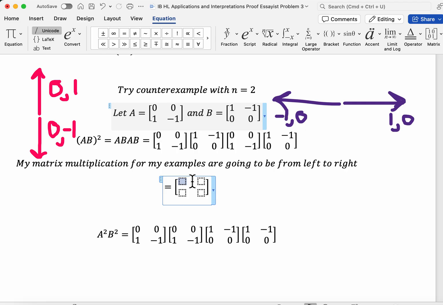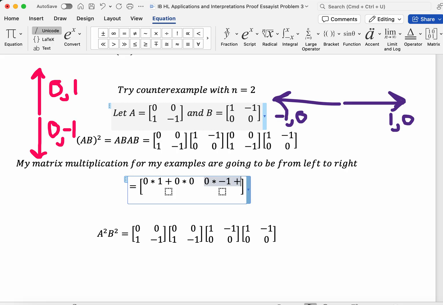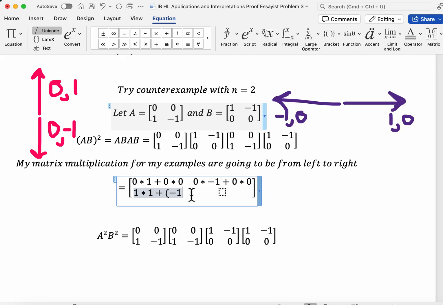Okay, this is going to be 0 times 1 plus 0 times 0. This is going to be 0 times negative 1 plus 0 times 0. This is going to be 1 times 1 plus negative 1 times 0.